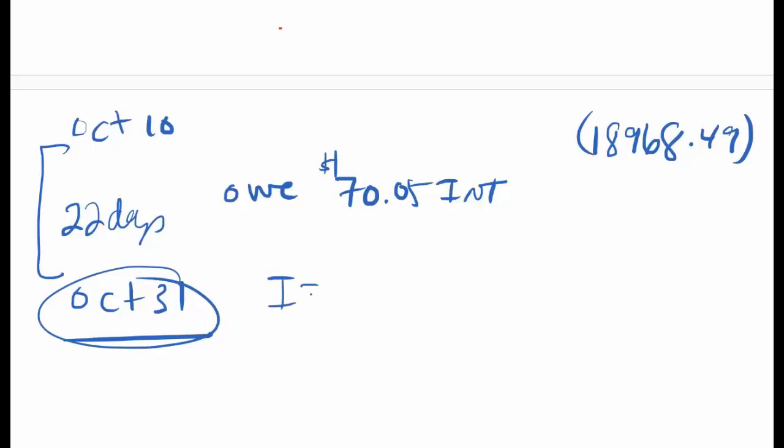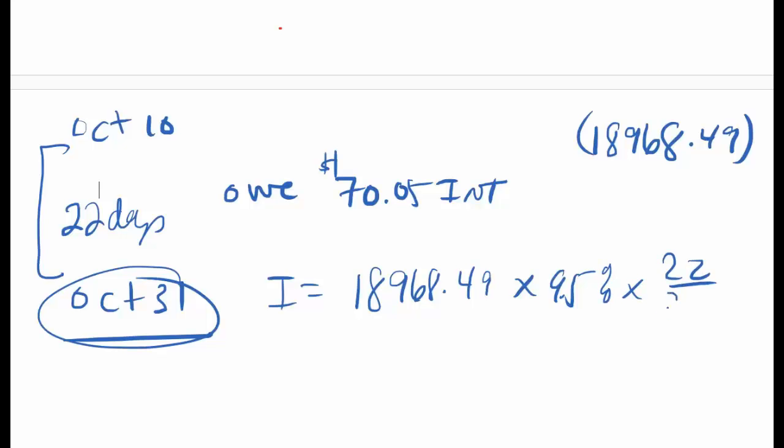So I equals 18,968.49 times 9.5% for 22 days out of 365. And when you work that out, that will be $108.61 owing.